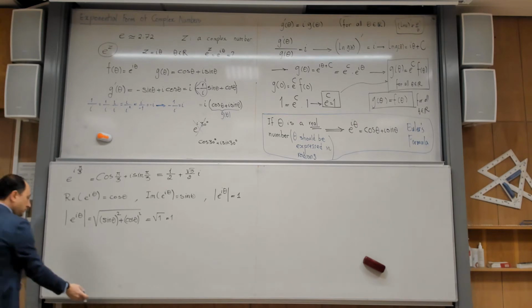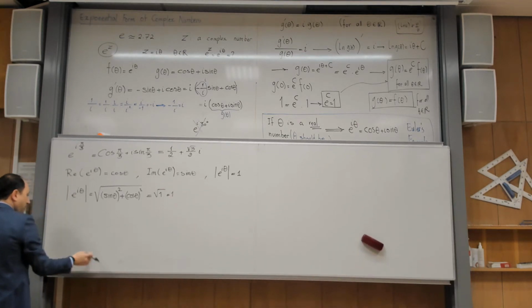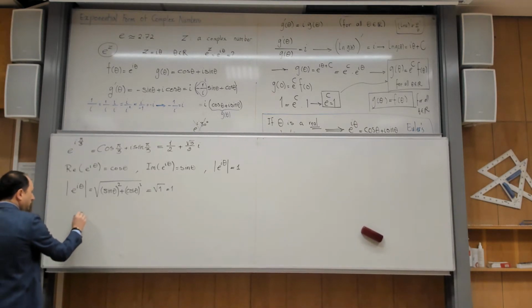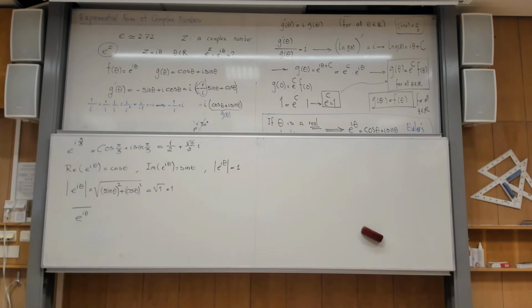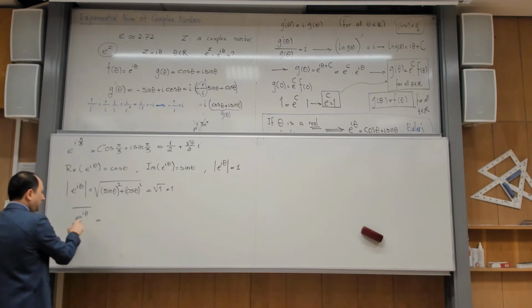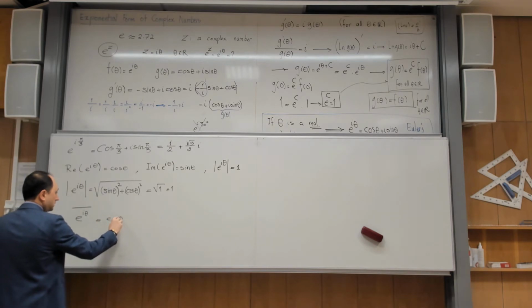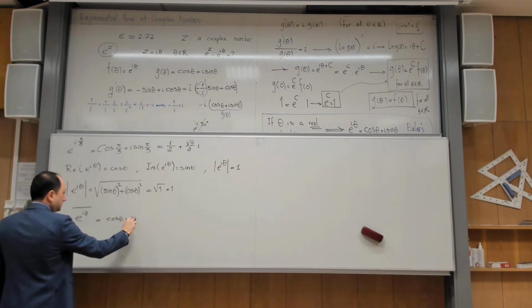Okay, let me ask you another thing. What do you think will happen here if I have e to the power i theta and then I want to take the conjugate of this number? What do you think will happen? The only thing that you have to do is, instead of e to the power i theta, you write cosine theta plus i sine theta.